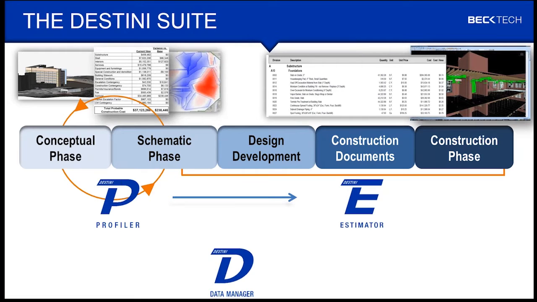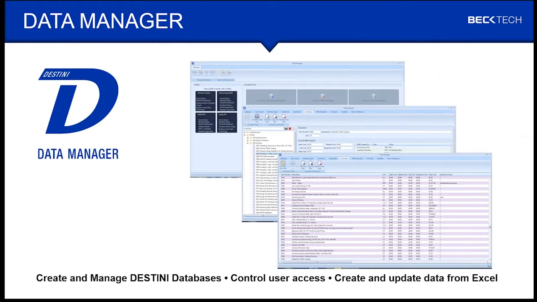Unlike a lot of products on the market where you have different data for detailed estimating and different databases for conceptual estimating, our suite enables you to manage one centralized database, and you can do that directly through Data Manager. So what I thought we would do real quick was take a look at Data Manager.